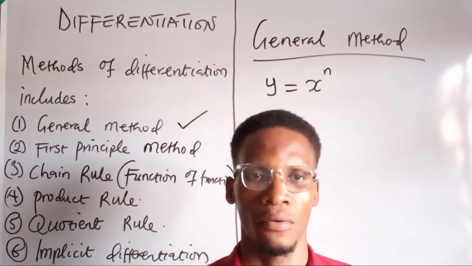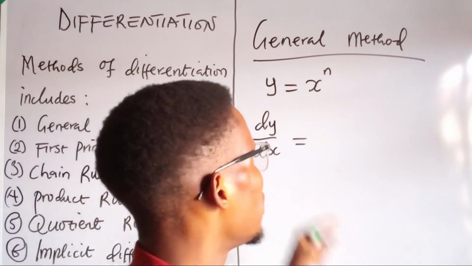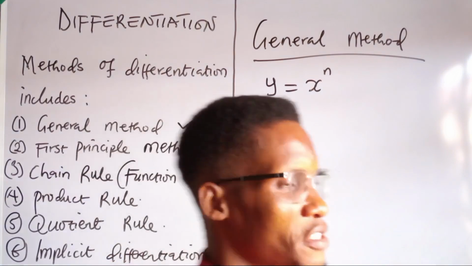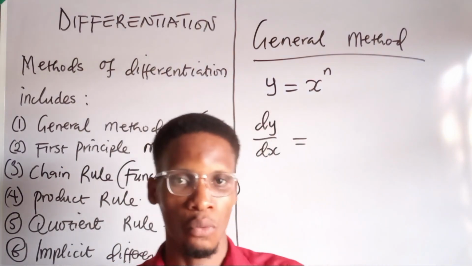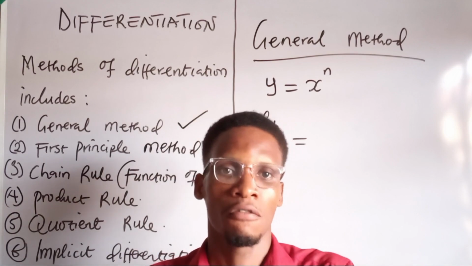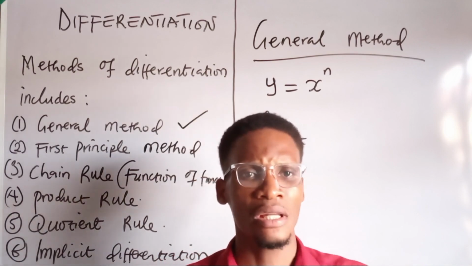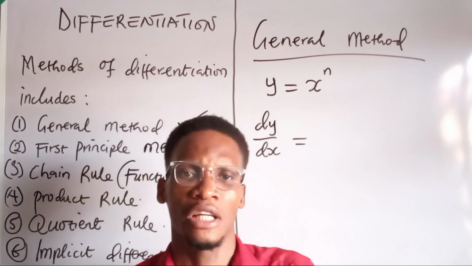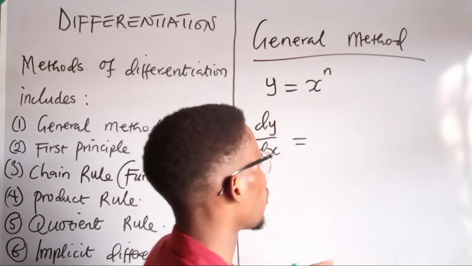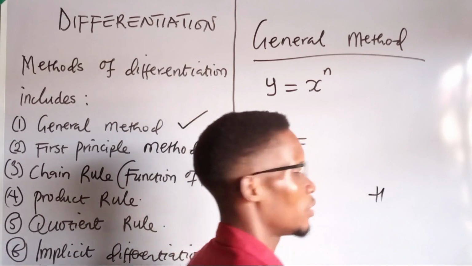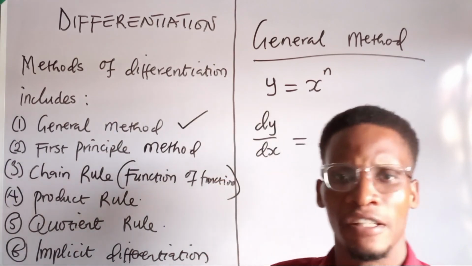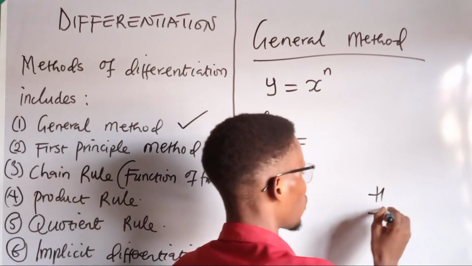It's very simple. Now, the difference between differentiation and integration, though we're still coming into integration fully, is just that integration deals with addition of 1, while differentiation deals with subtraction of 1.